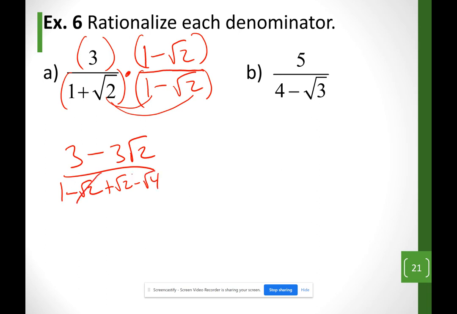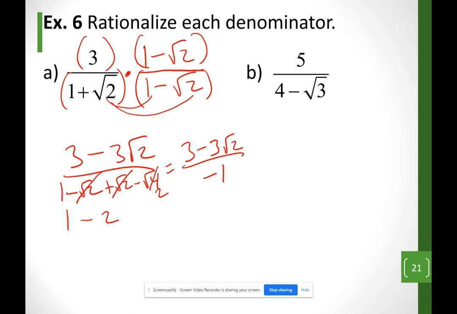The two terms in the center, funny thing, they cancel out. Now the square root of 4 becomes a 2. So on the top, I have 3 minus 3 radical 2. At the bottom, if I simplify this a little, it looks like 1 minus 2. So let me call that minus 1. Now, I don't have a radical at the bottom.